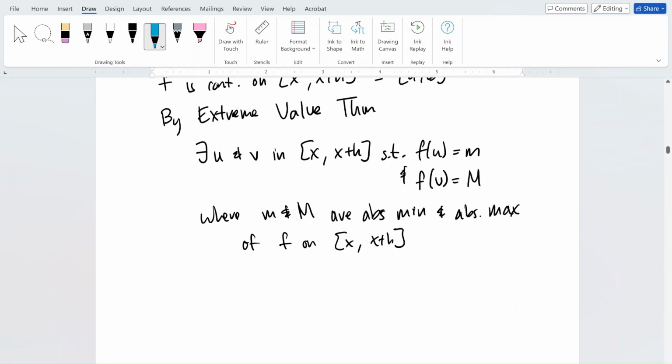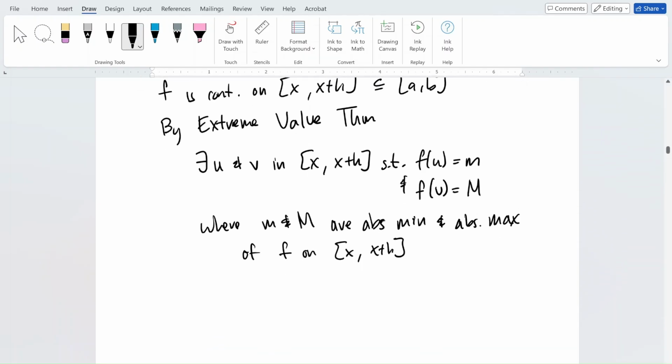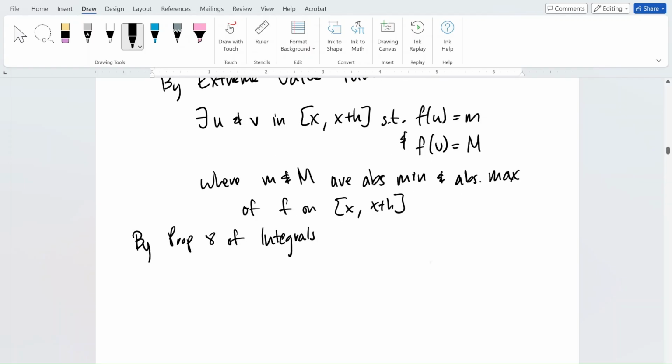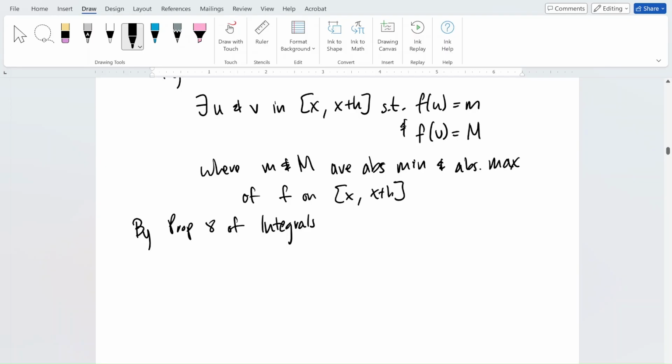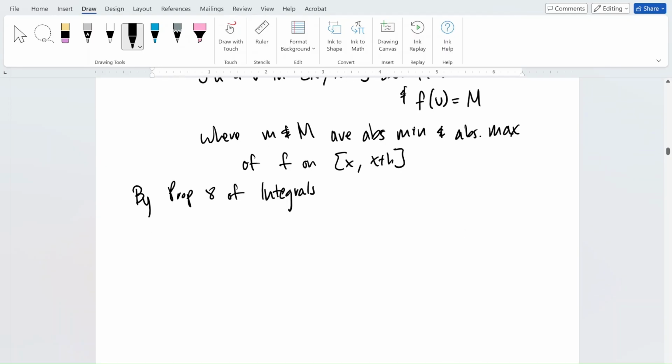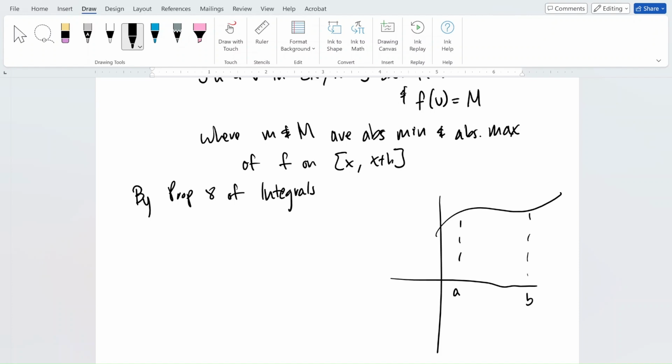Now, if you remember, we have a property of integrals. So by property number 8 of integrals, or even if you don't remember the properties, we can just think about this. If you have a general function like this, and we're looking from a to b, then we shrunk it down to x plus h.